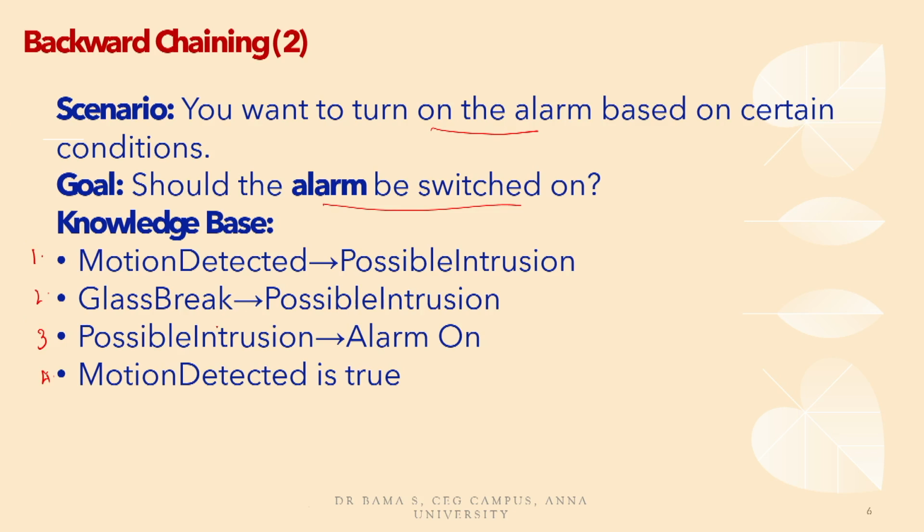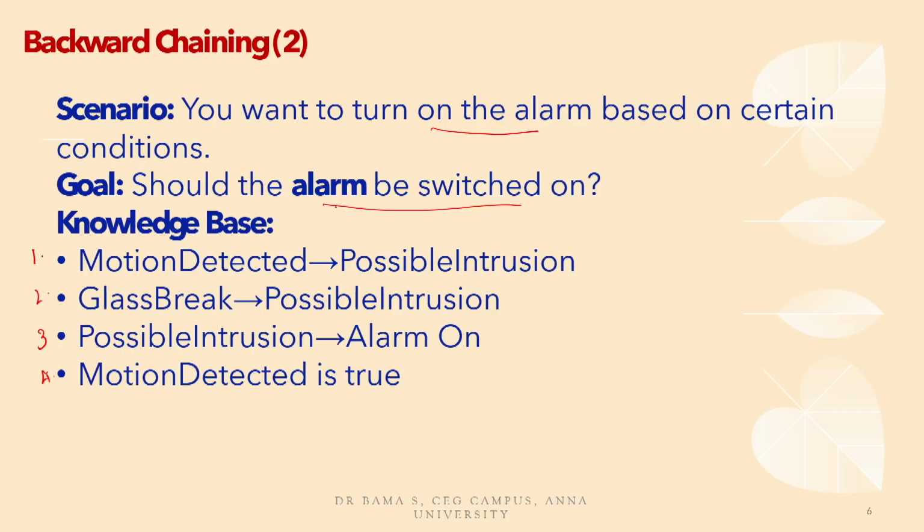Glass break is window glass getting broken, someone sneaks in, then there is a possible intrusion. And if there is possible intrusion, the alarm should be on, and we have also observed that the motion detected is true. So, from these 4 facts, can we say that the alarm should be switched on?